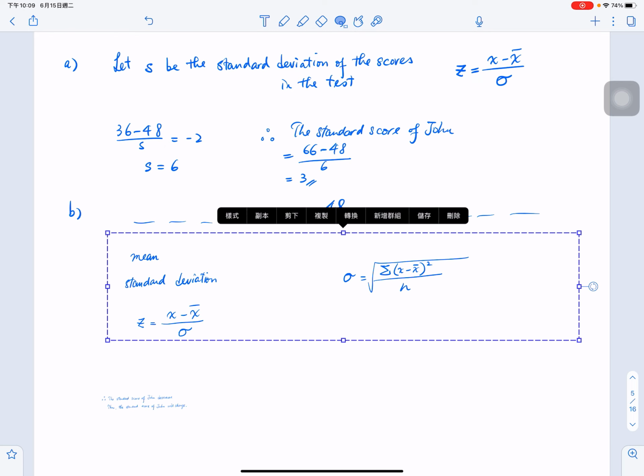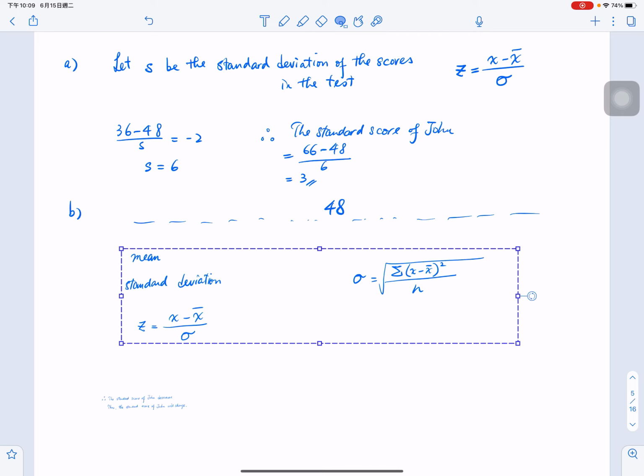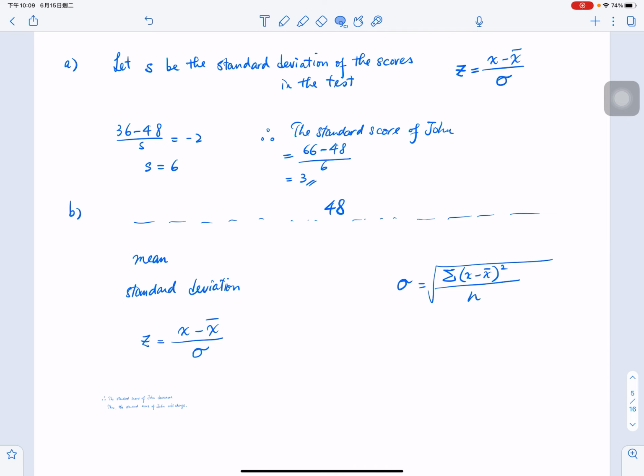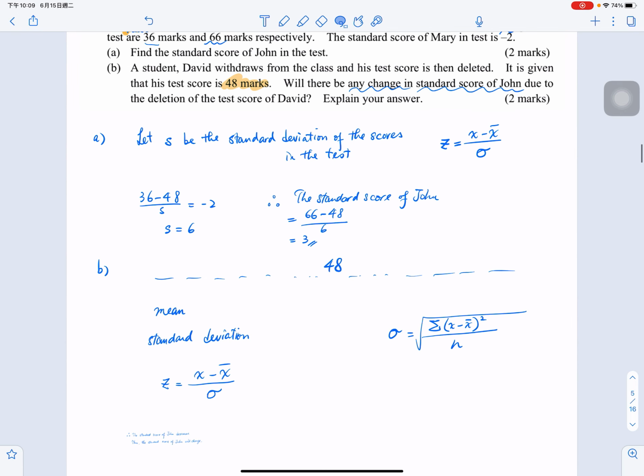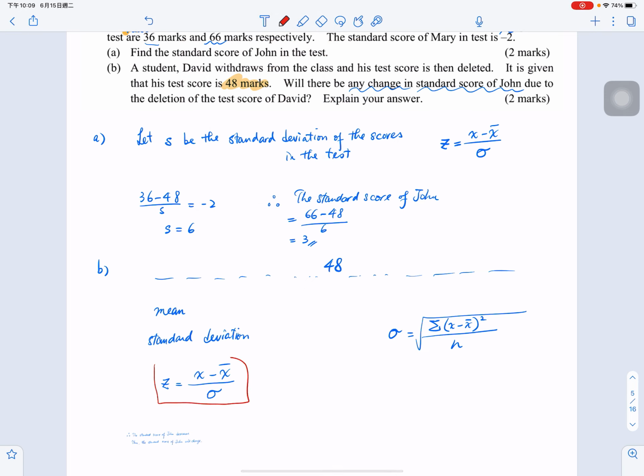Now here, you know the mean and standard deviation. What happened? Because the standard score is related to the mean and the standard deviation, if we need to know what happened to the standard score, then check the mean and check the standard deviation.